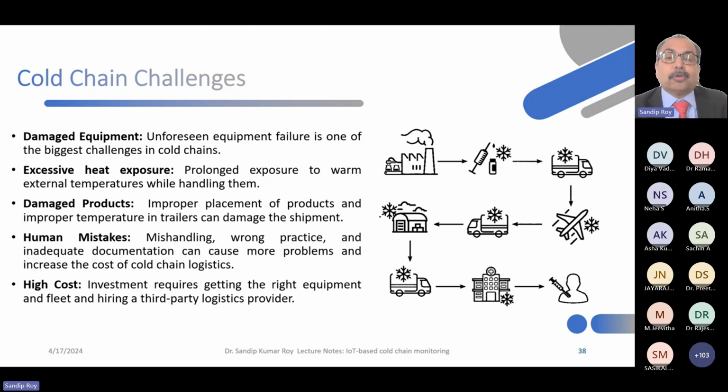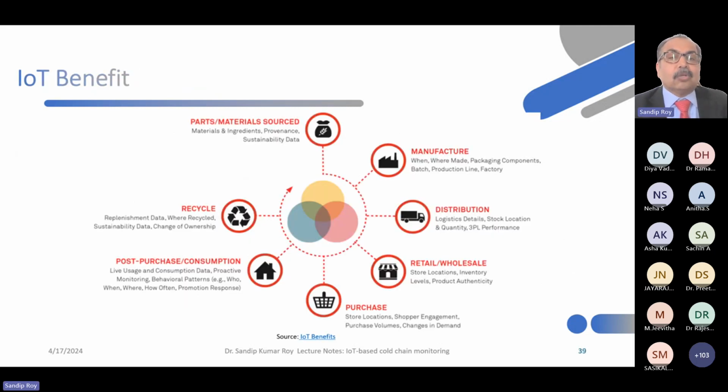And overall, this whole process is high cost, because it contains a lot of temperature lowering mechanisms like air conditioners, and sophisticated IoT devices, sophisticated cloud integrated systems, edge devices. So it's costly, but the benefits are very much there.